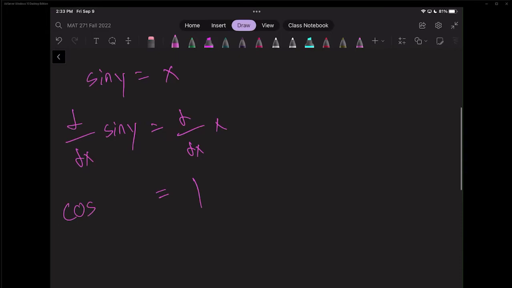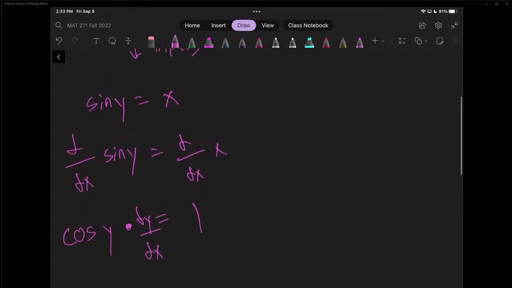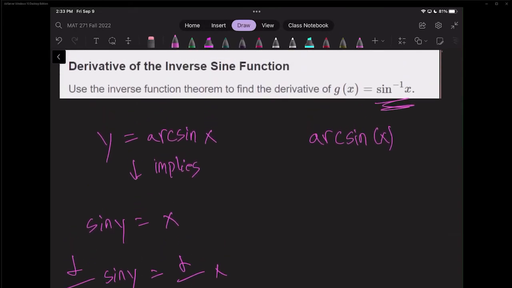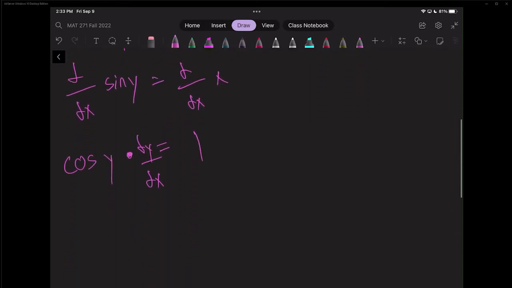So I have a cosine of y, and then I have to multiply by the derivative of y with respect to x. Now I want dy dx, right? dy dx is going to end up being my answer here because I'm trying to find the derivative of this function with respect to x. So I can divide both sides by cosine of y here to get that dy dx is equal to 1 over cosine of y.